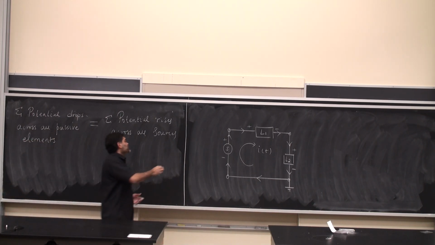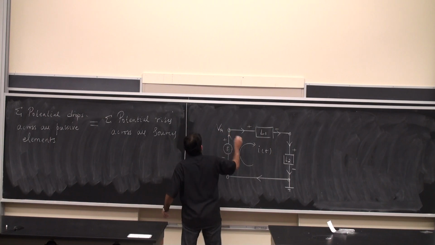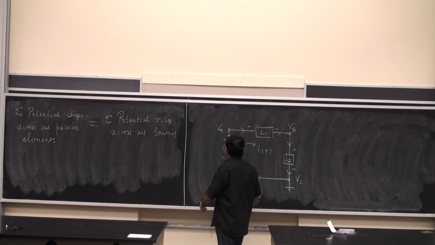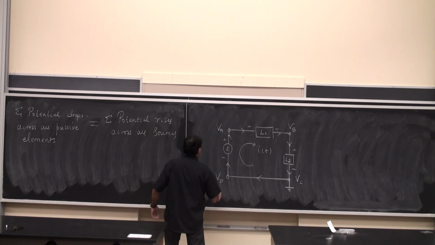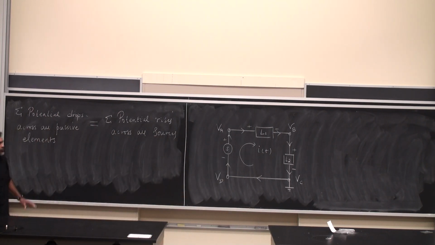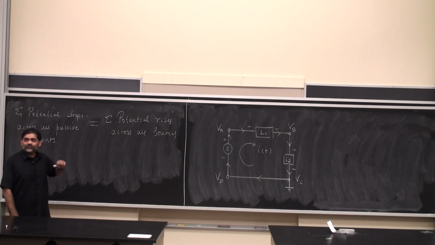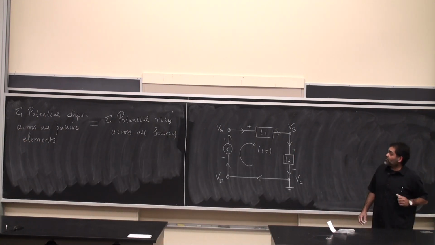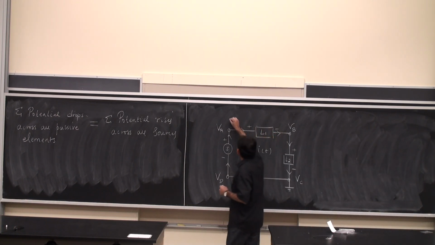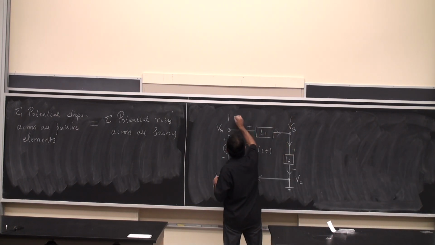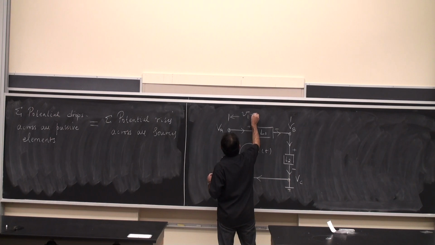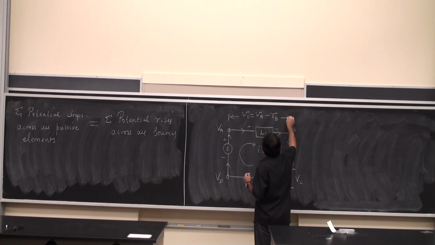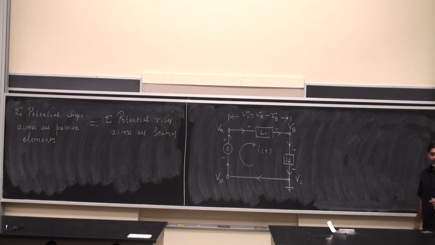And each of these nodes, I'm going to call them by some names, okay? VA, VB, VC, VD. These are all the voltages at each of those terminals, okay? Voltage drop across the load element L1 is V1, which is VA minus VB.